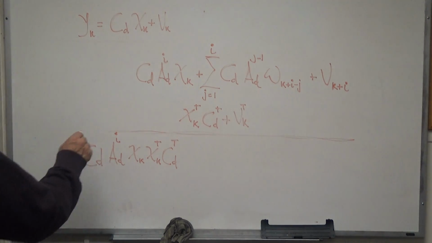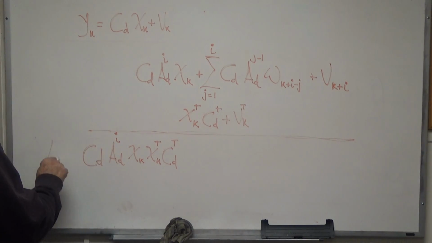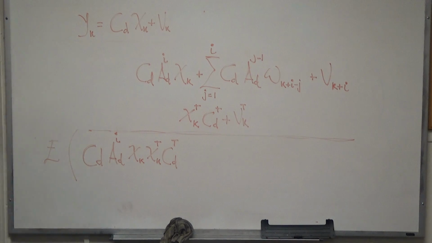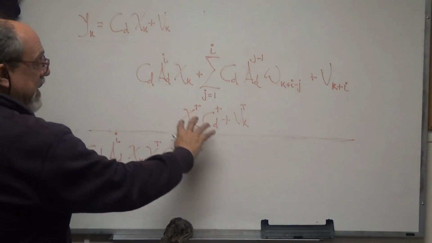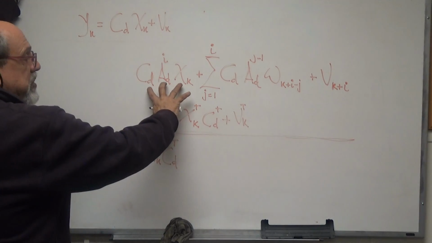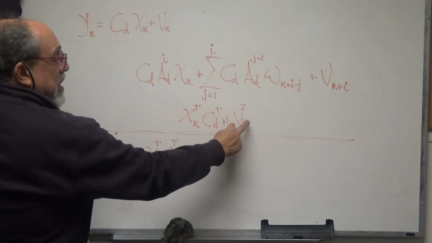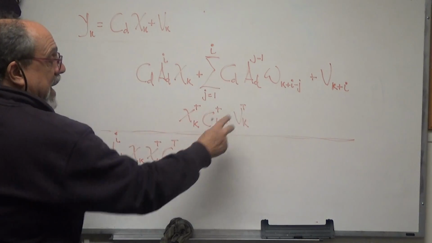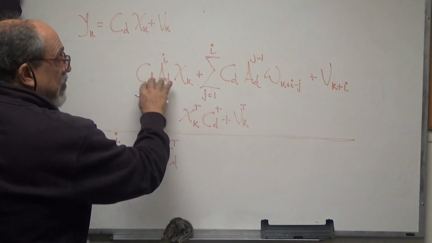Now, I could write all the terms, but what we're going to do is take expectations of the product. So, in order to keep the board cleaner, instead of writing them and then saying they are 0, let's just see what is 0 from the outset and not write it. I took this times this and I get this. Now the next one is to take this times this. It's clear that the measurement noise doesn't affect anybody and it's white. Therefore, this times this has an expectation of 0. So we're done with the first term.